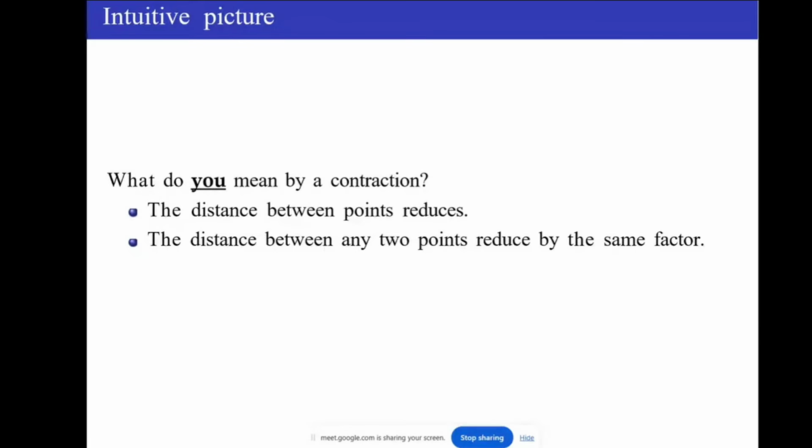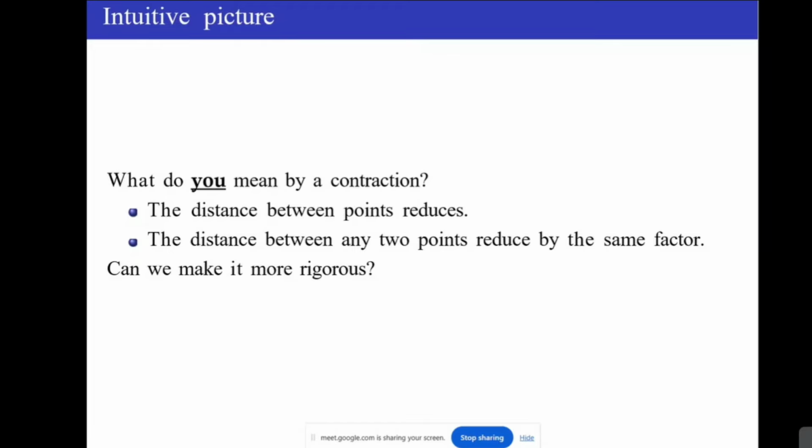Now mathematically we want to define contraction precisely. So how can we make it more rigorous? Let's think about it. First we have a set, call it capital X. On that we have points, say X and Y, and then contraction happens, and then we have something like X dash and Y dash. Now the distance between X dash and Y dash is strictly less than the distance between X and Y. Now this is true for all pairs of points X comma Y. Moreover, when we are shrinking, as we said, there is a common factor by which the distance decreases.